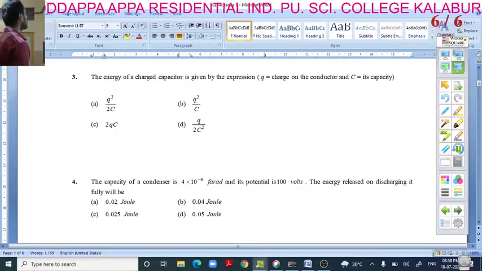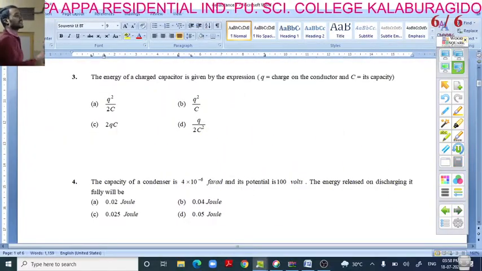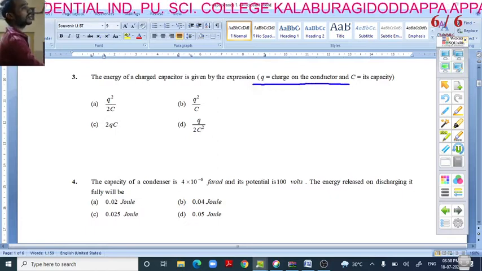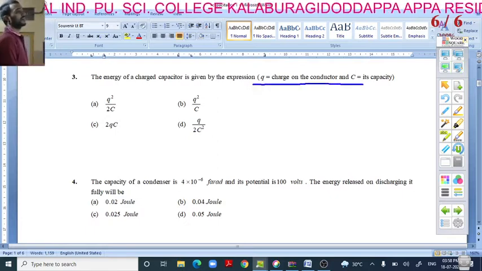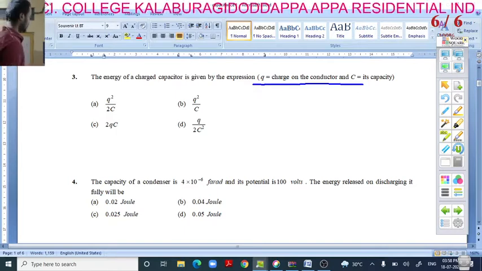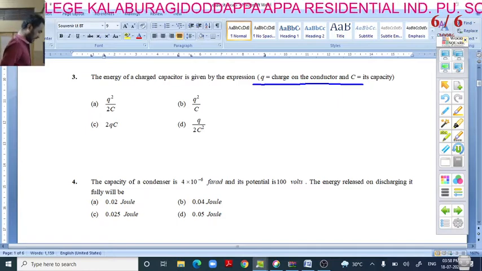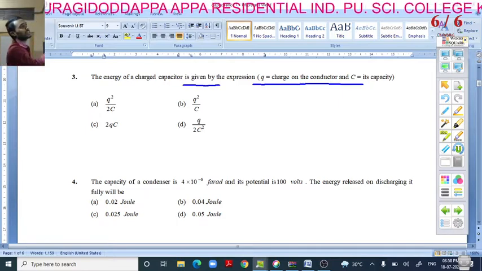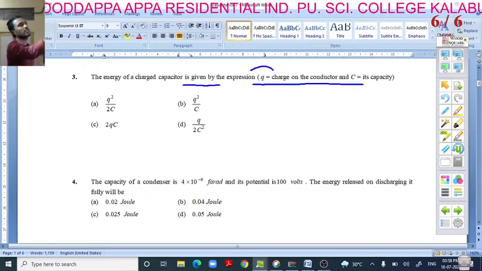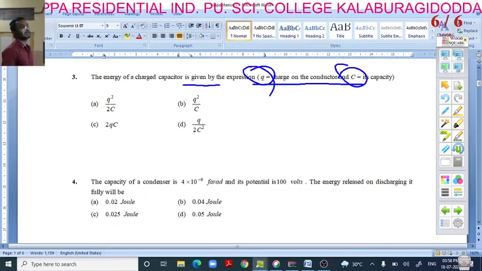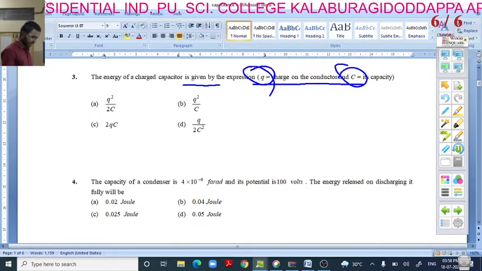Okay. The energy of a charged capacitor is given by the expression, where Q is equal to charge on the conductor and C is equal to its capacity. He has given that, and it is very clear.